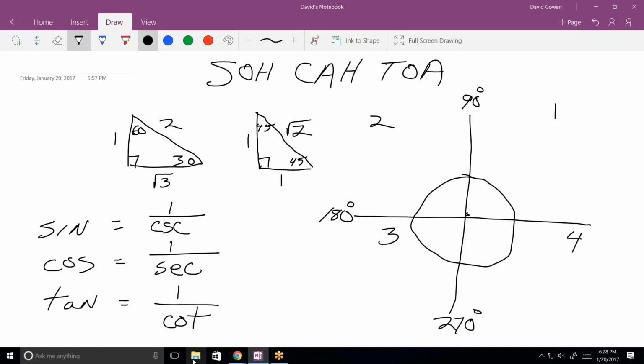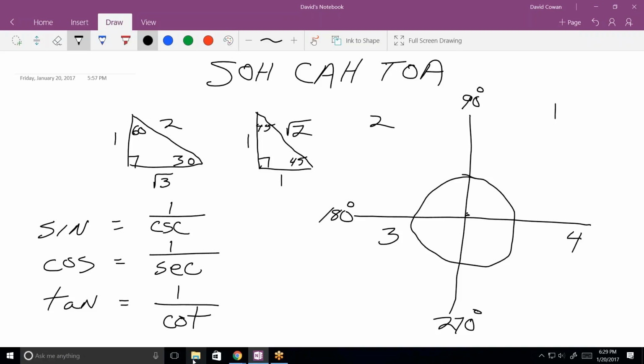When somebody says, what's your name, you don't have to access a place in your brain to figure out what it is. You know it, right? You want to know these functions so well that when I say, what's the sine of 60 degrees, you can tell me almost within 3 seconds.